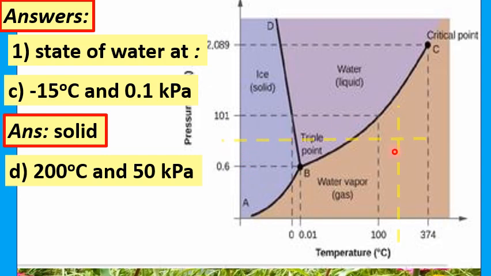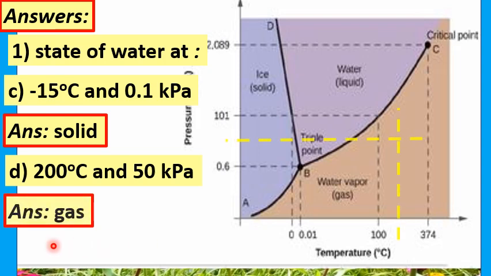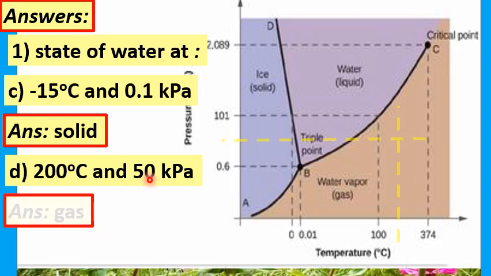So the two highlighted horizontal and vertical dashed lines intersect at a point falling within the gaseous phase of water. That's why our answer is that the state of water is gas at these conditions.